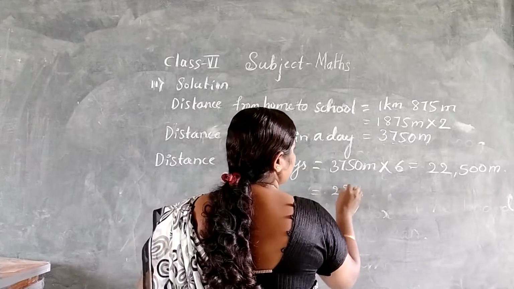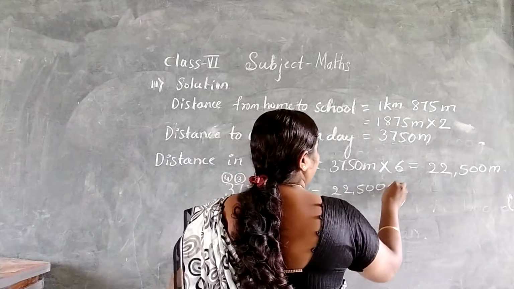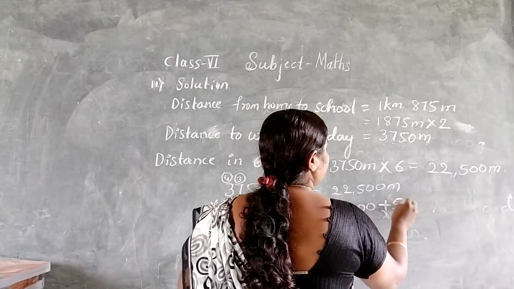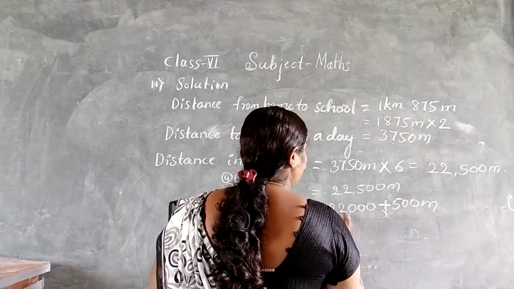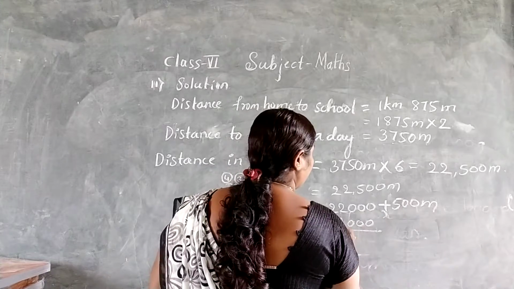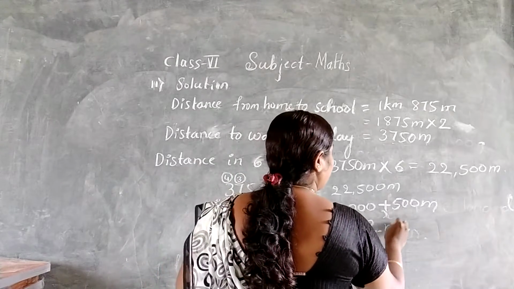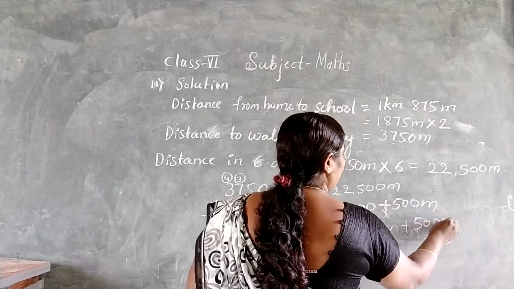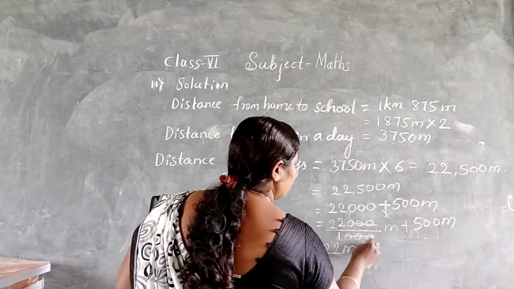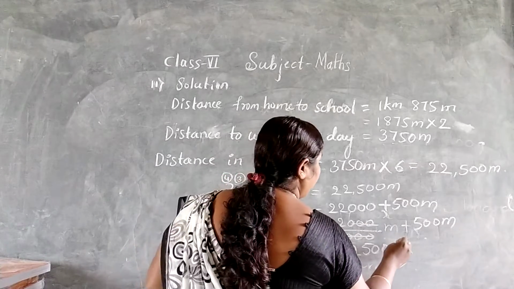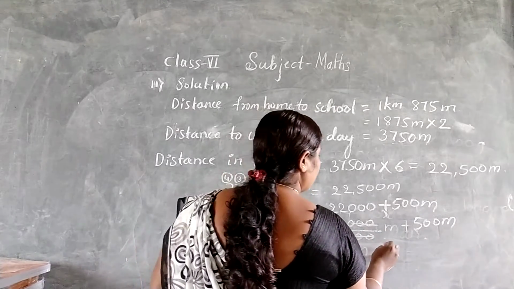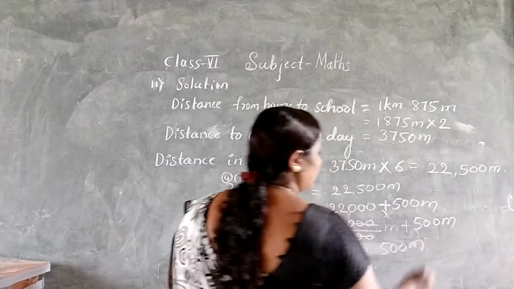So how to do this? We should do 22,000 plus 500 meter, divided by 1000. The 500 remains meter. So this and this will cancel. So 22, sorry, this is kilometer, and 500 meter.